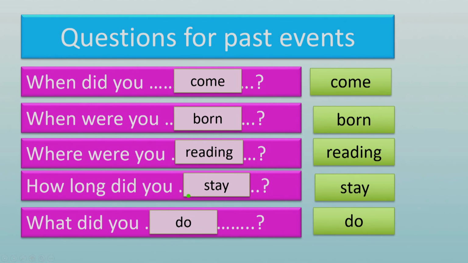And when you use where, you can use verb 3, when were you called, or when were you born. And when you are using where, you can use the ing form as well for continuous. For example, where were you reading? Okay, let's see the possible answers.